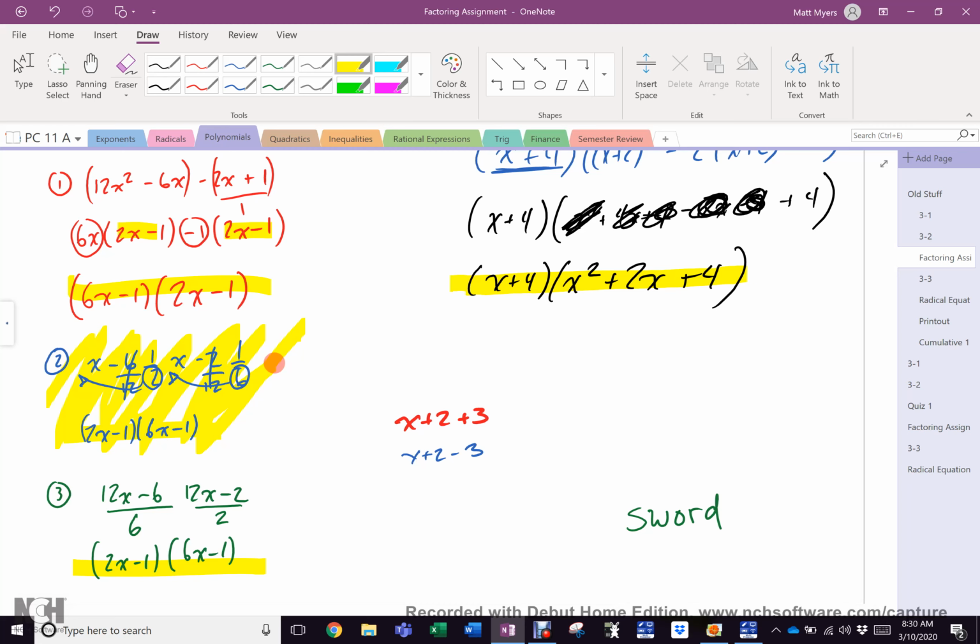Like if I had 36 and 21 on the edges, I might do some guess and checking. Everybody cool? And that's only because I don't want to multiply 36 times 21 and start going through those factors, because that'd be a big number, right? It'd be like 600 and something.